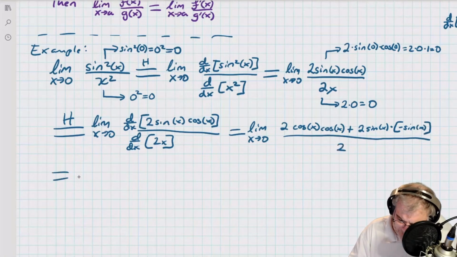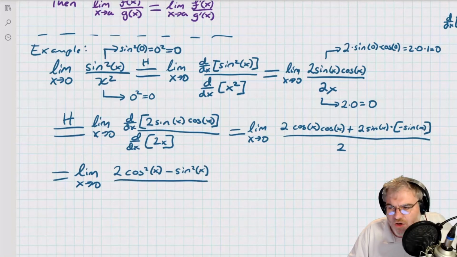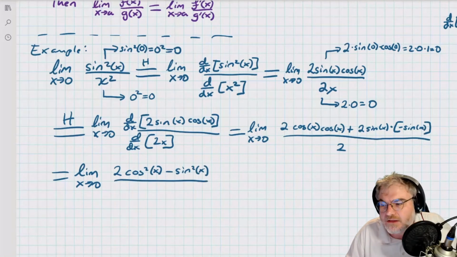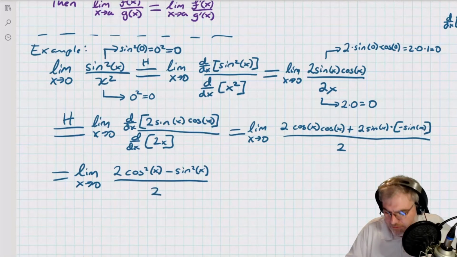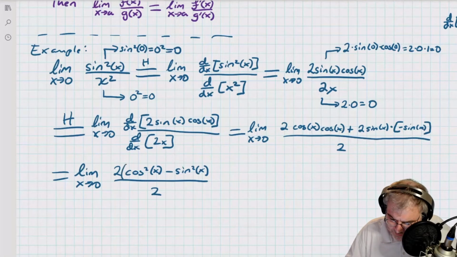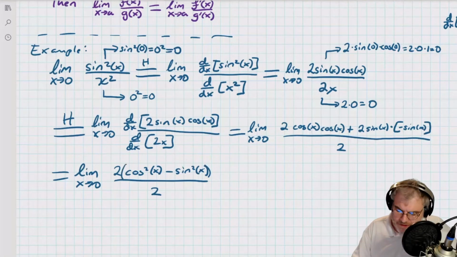And I'm just going to simplify that because when I sub in, it'll make my life happy. 2 cosine squared of x minus sine squared of x. And if you write cosine 2x here, the grader's going to come and hunt you down. I'm just telling you. Don't do it. Don't go, oh, that's the double angle formula. No. I factored out the 2 as well.